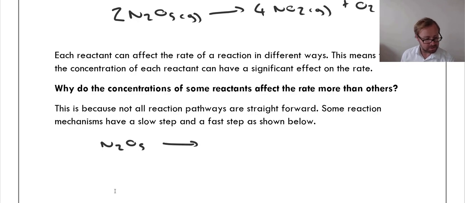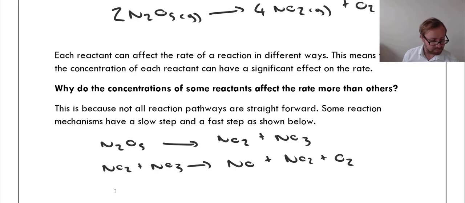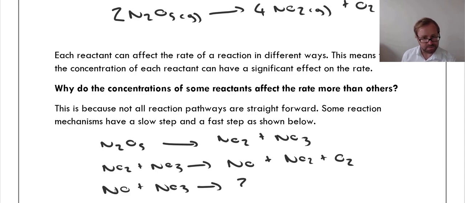These molecules break up to form NO2 and NO3. My NO2 combines with my NO3 to produce NO, NO2 and O2, and my NO combines with NO3 to produce 2NO2.